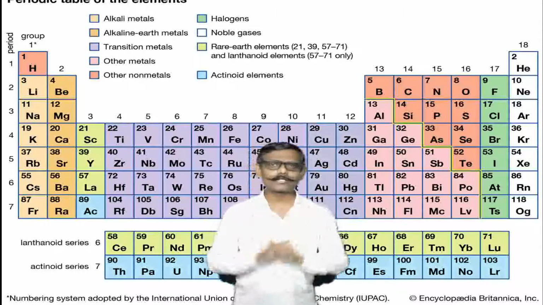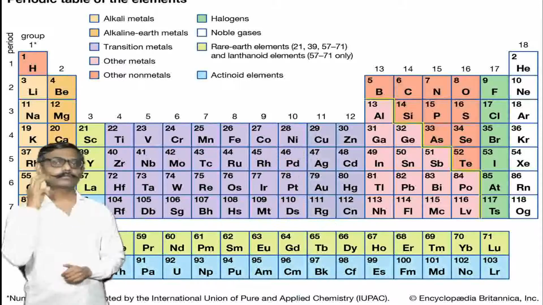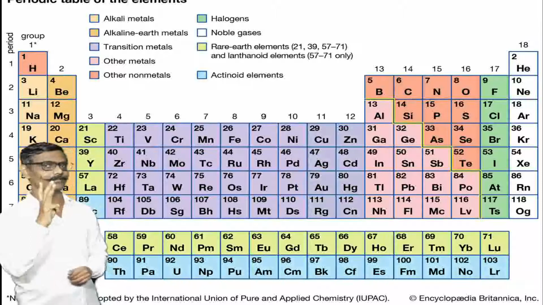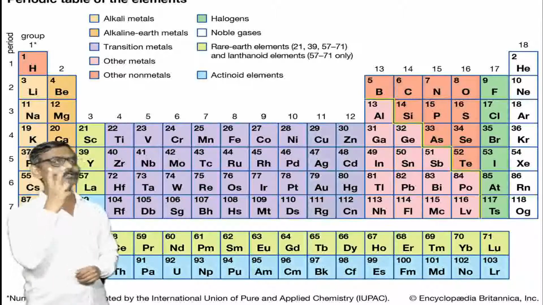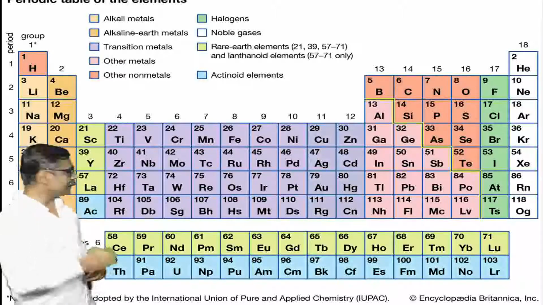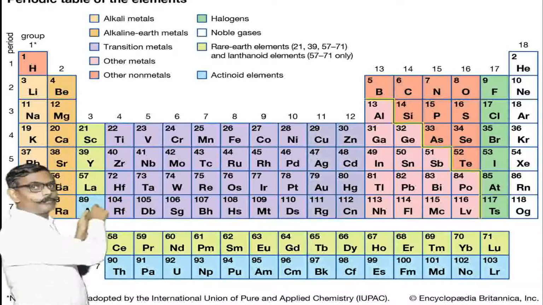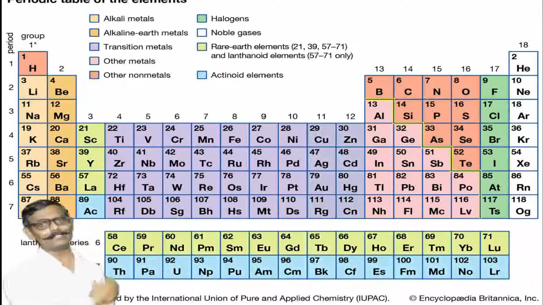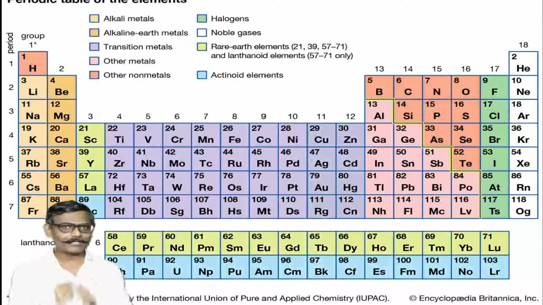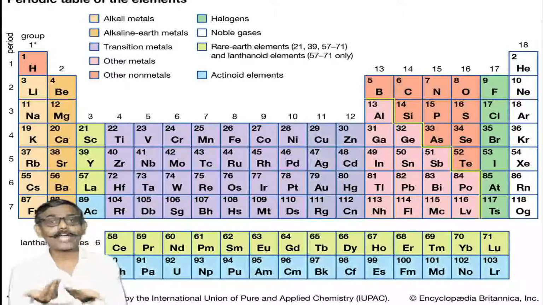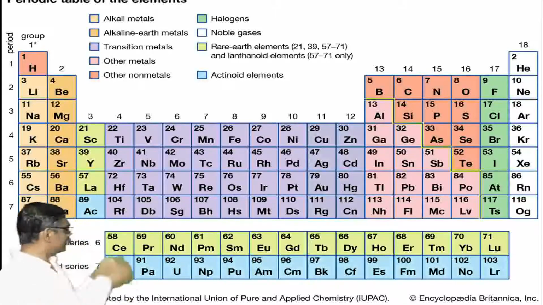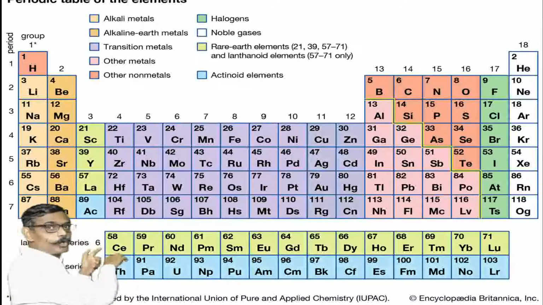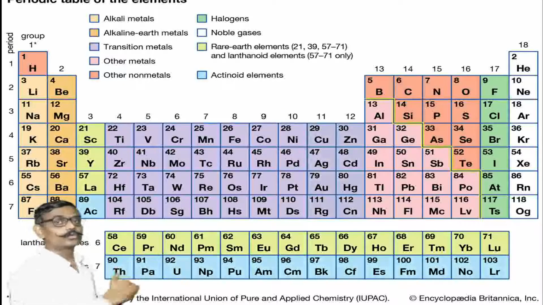How many such elements are there? Total 30 elements in 2 sets. The first set, lanthanum followed by the remaining 14, so 15 elements, are called lanthanoids. Actinium followed by 14, those are called actinoids. And how many are they? 15.